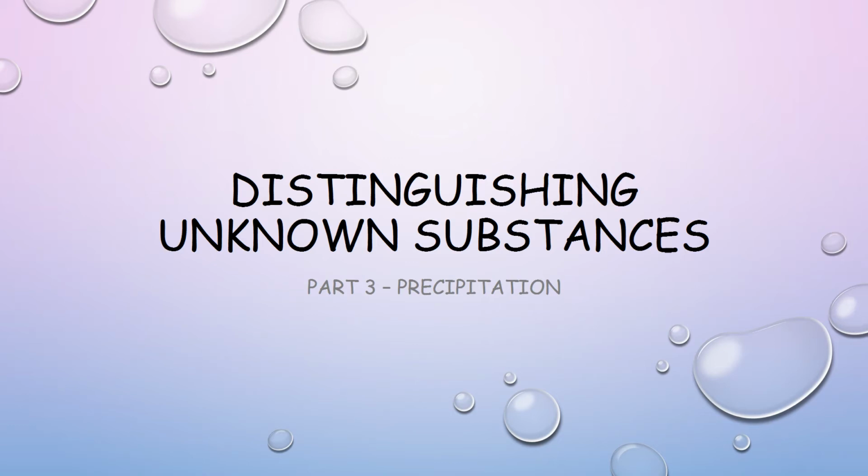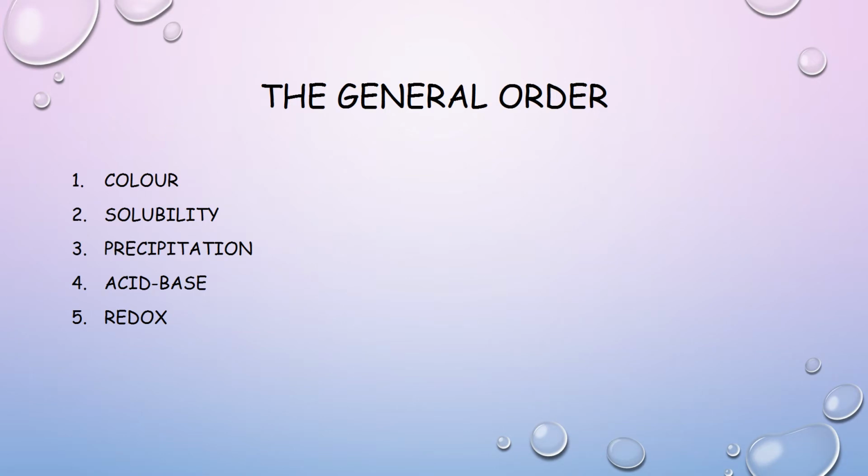This is our third video on distinguishing unknown compounds, and in this one we're going to focus on how to use precipitation reactions to determine what the substance is. Now, in order to determine the unknown compound, you've first of all looked at colour and you've already checked solubility.